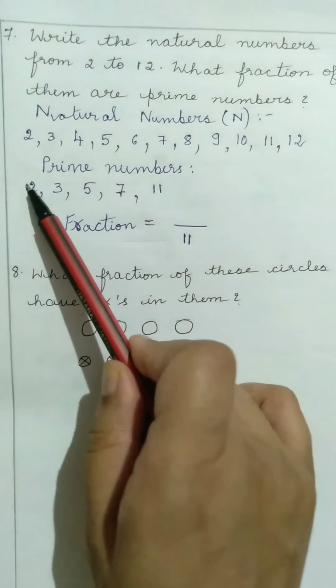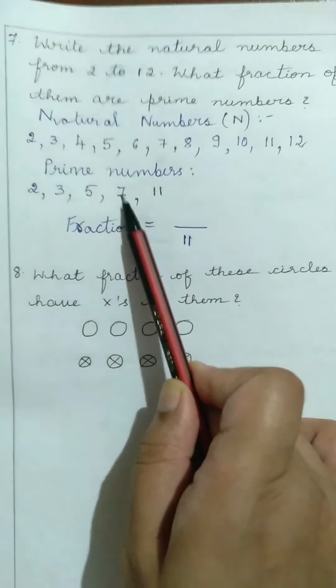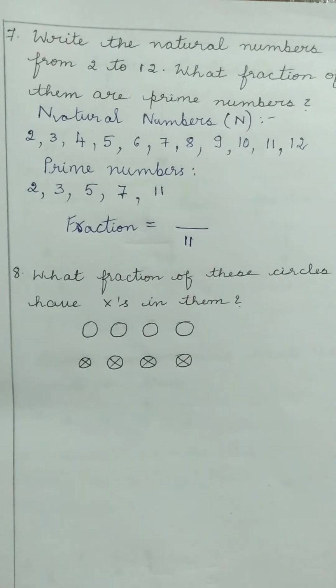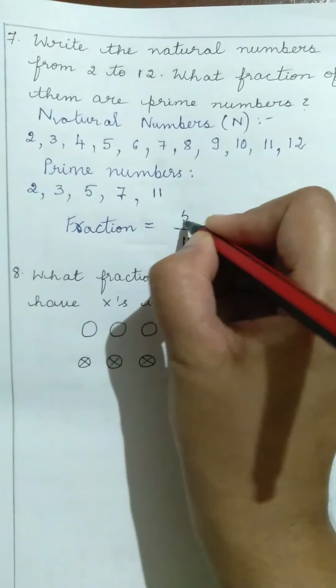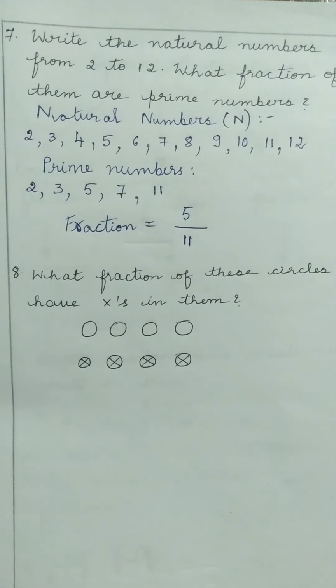We have 1, 2, 3, 4, 5. Therefore, we have 5 prime numbers which can be written in the numerator and the whole, that is 11, is written in the denominator. Therefore, the fraction will be equal to 5 divided by 11.